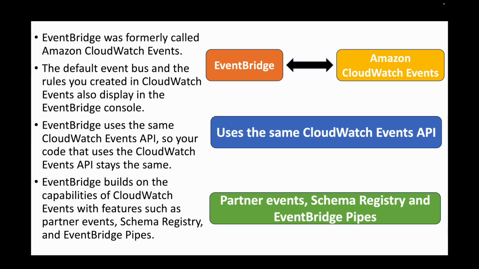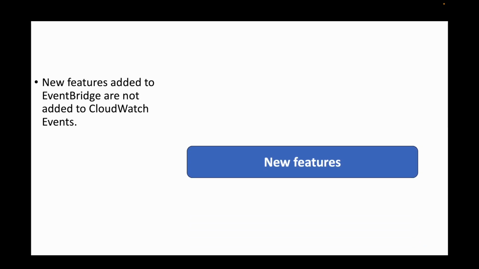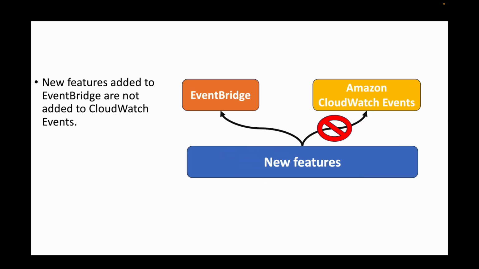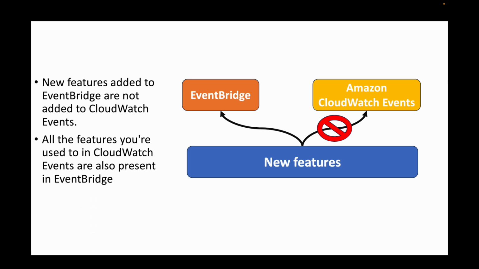So basically, it's recommended that we slowly transition to EventBridge for all the CloudWatch events related tasks that we might have. Any new features that are being introduced are added to the EventBridge service, and they're not included in Amazon CloudWatch events. All right, but all the features that we have in CloudWatch events are available in the EventBridge service.